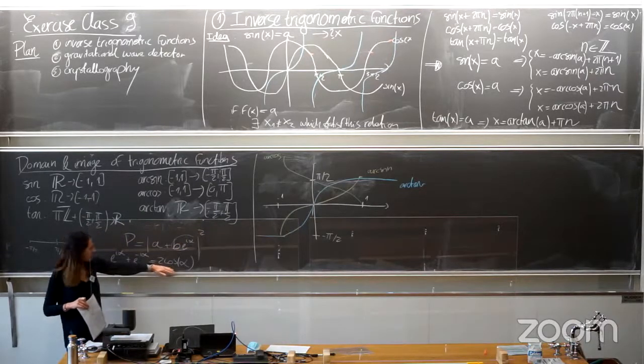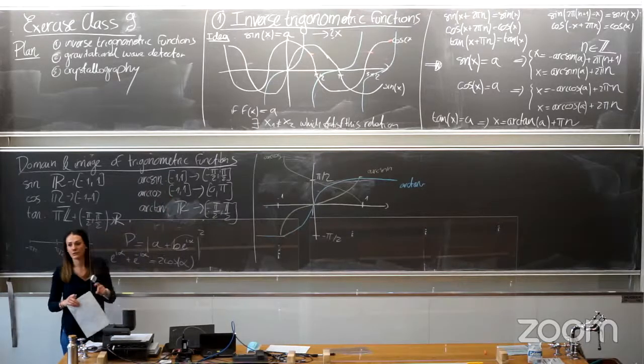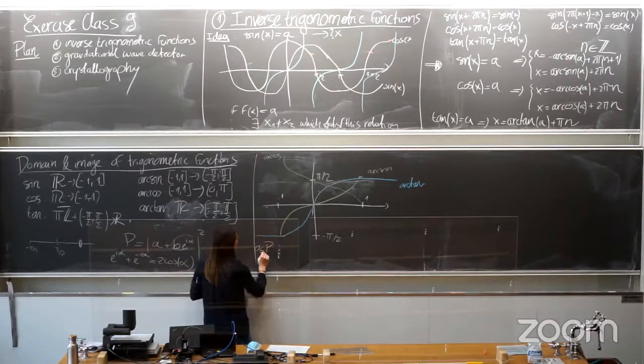And why am I talking about the domain? Because you can do some checks. You know that a probability is always between 0 and 1.